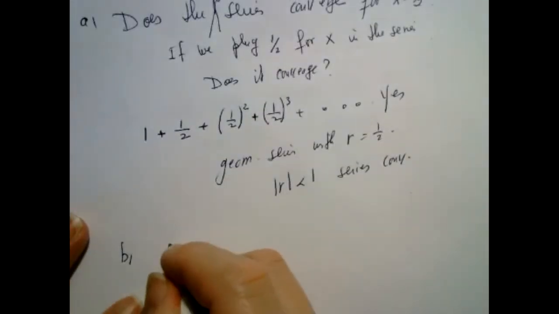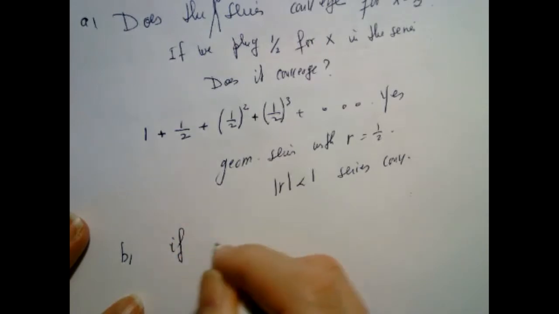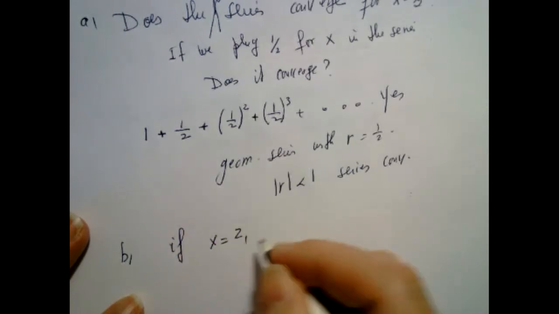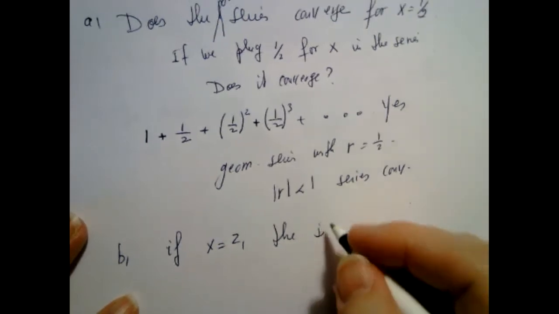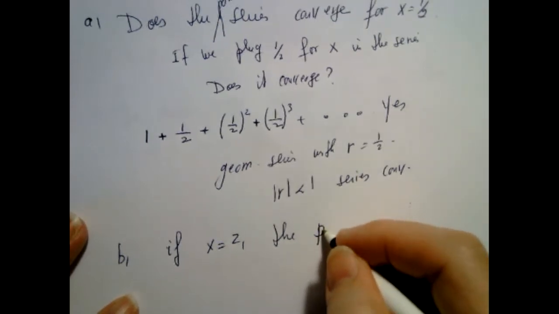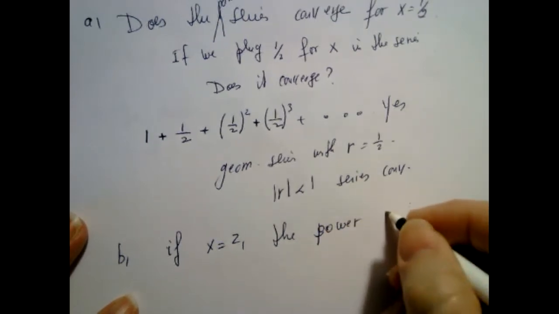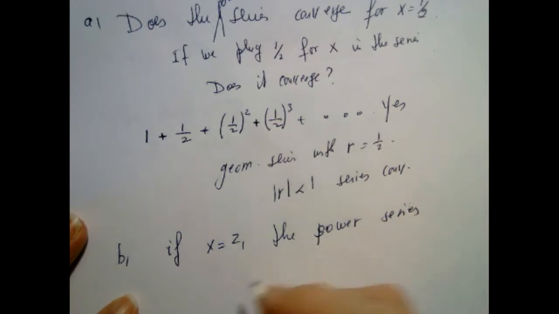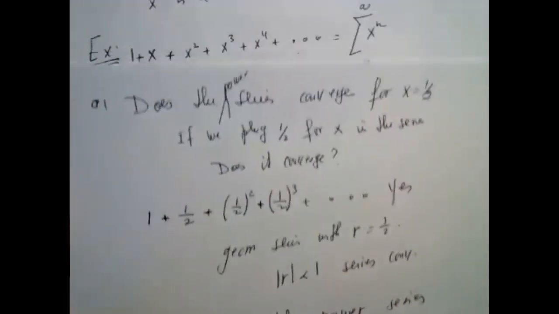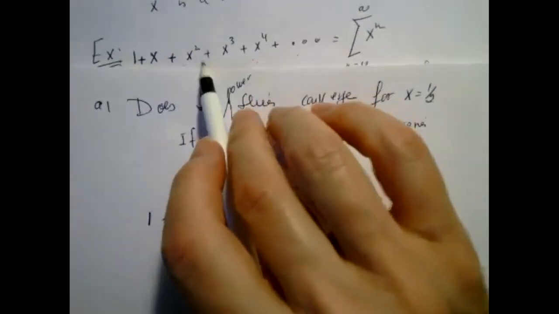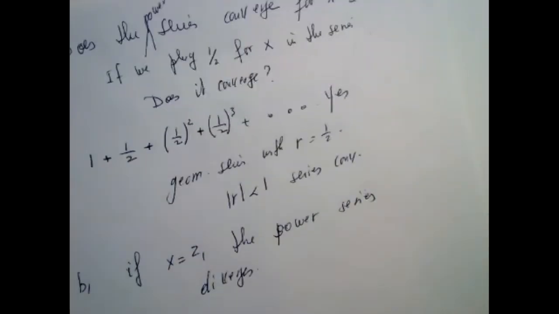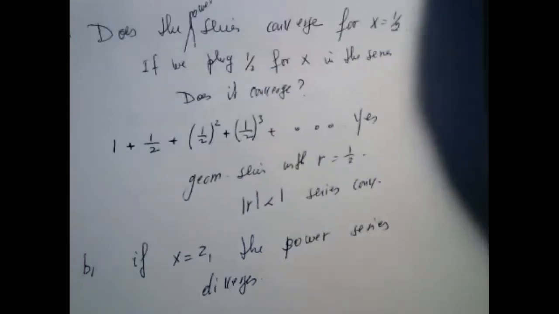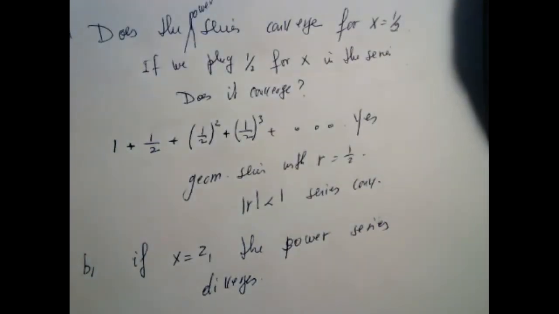If I take x equal to 2, the power series diverges, because I will be taking 1 plus 2 squared plus 2 cubed plus 2 to the power 4 and so on and so forth.